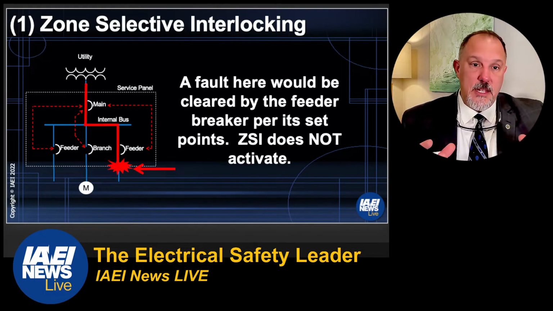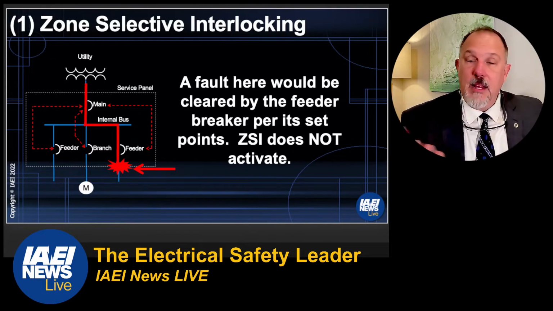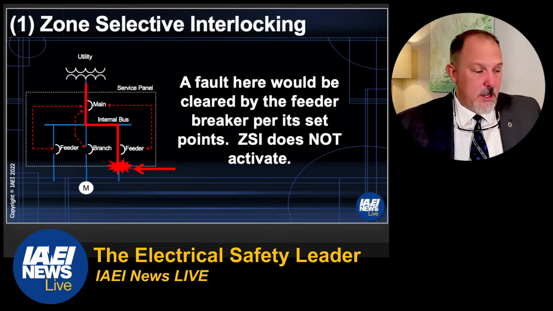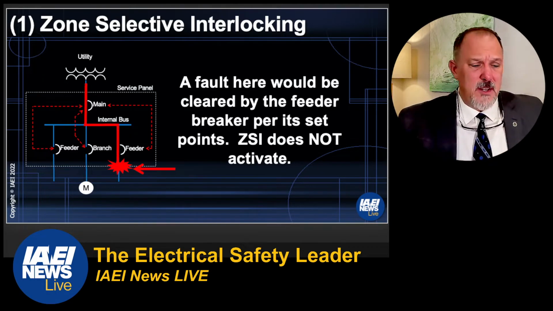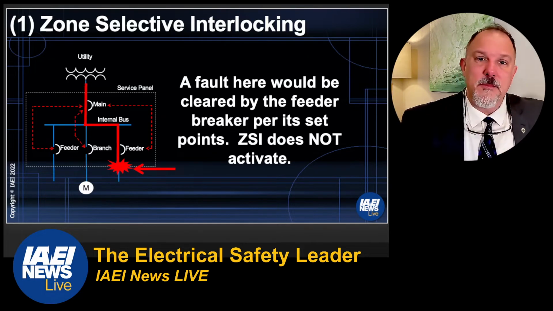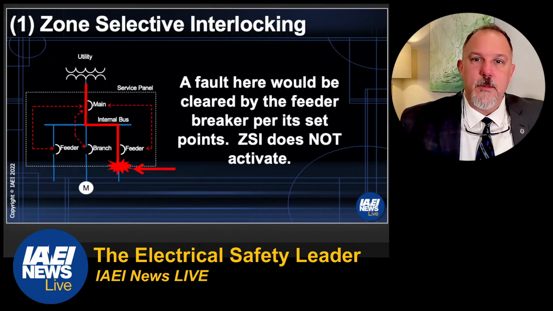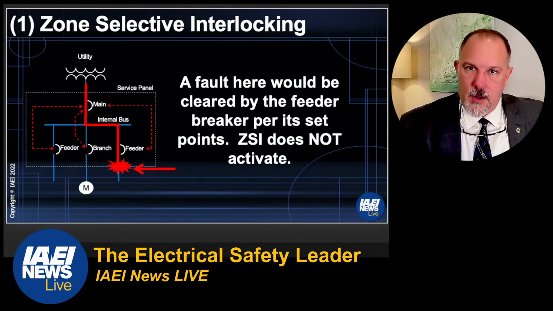What's going on in these breakers is the main breaker says, hey, I see a fault. I look down, I see a signal, so that means the downstream device sees it too. I'm just going to sit here and wait and let these guys clear that fault. And the downstream device is going to go based upon his trip curve. And if he's got a 10 cycle or a 30 cycle delay, he's going to wait 30 cycles. Everything works the way it's programmed.